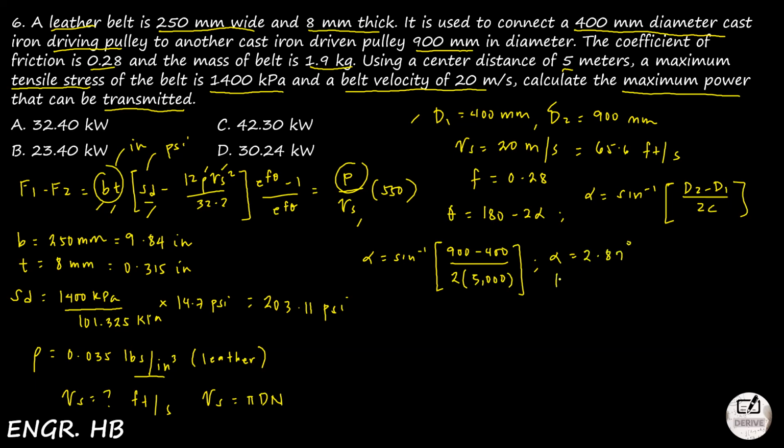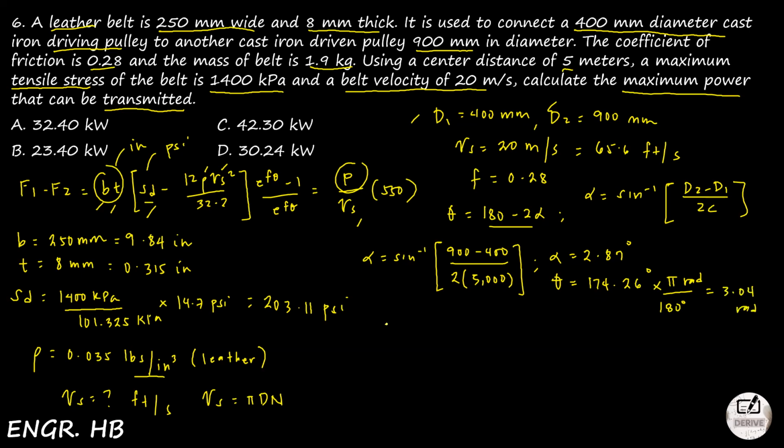2.87 degrees. Of course, our theta is 180 minus 2 alpha. So that was 174.26 degrees. It should be converted into radians. So that is in every 180 degrees, there is pi radians. So that is 3.04 radians.